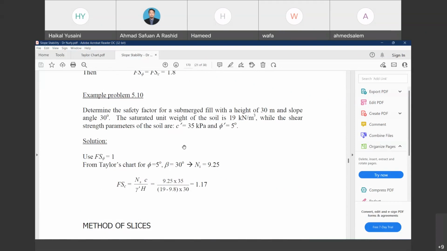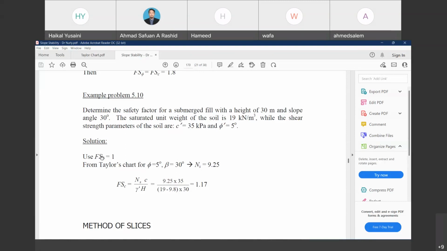From the Taylor chart for phi 5, beta 30, Ns is equal to 9.25. Then 9.25 times 35 divided by the effective unit weight, 19 minus 9.8, times 30. So the factor of safety of C is equal to 1.17.